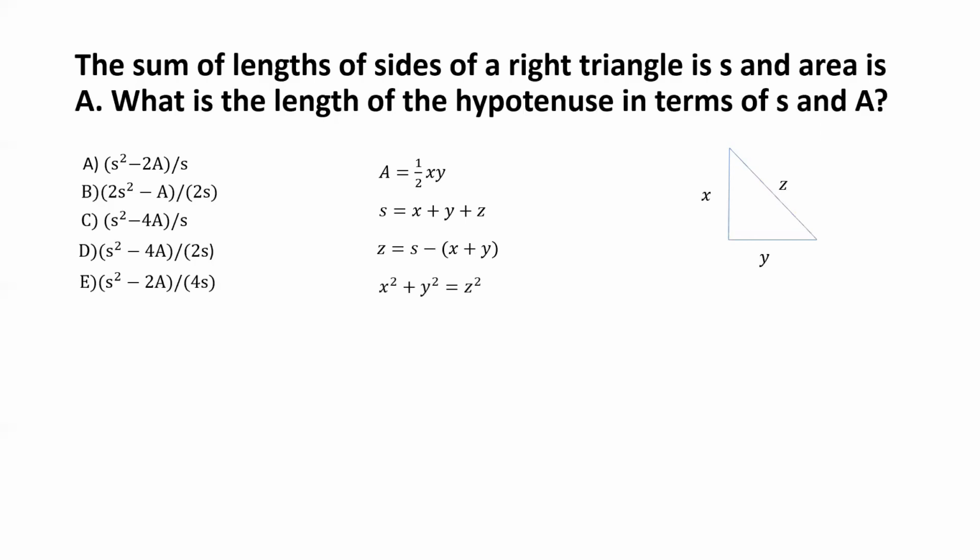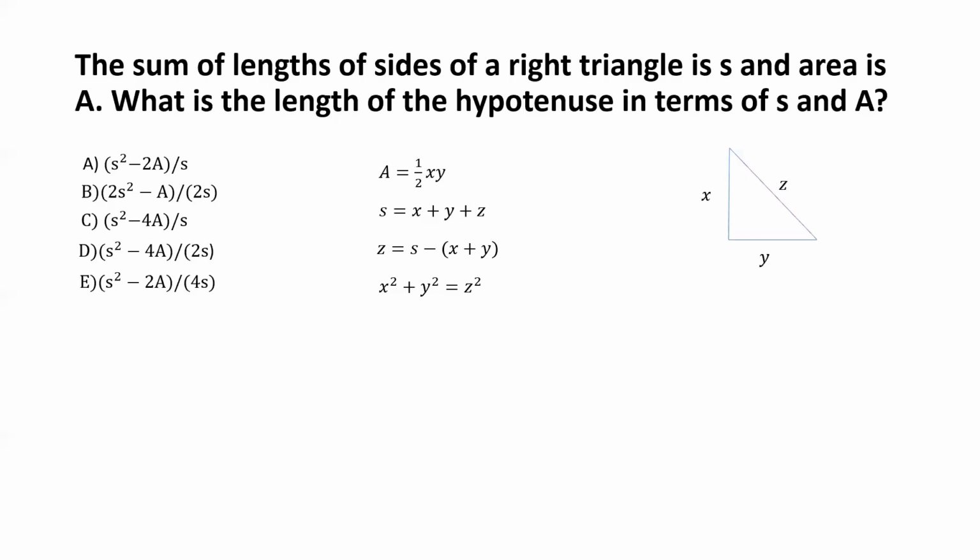Now note that we can express z in terms of x and y as S minus (x plus y) within parentheses. That's just from the previous equation that we wrote, S equal to x plus y plus z, and S is the sum of the lengths of the sides.